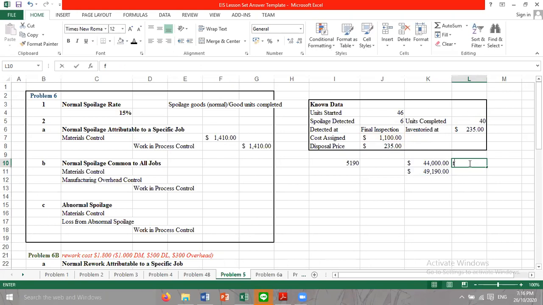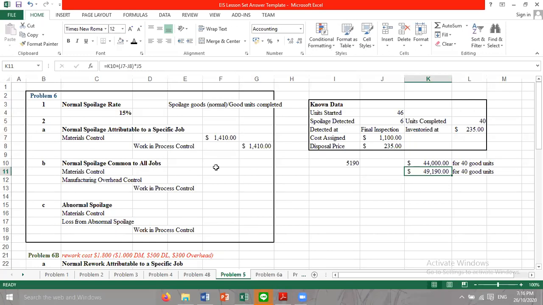So for these 40 good units, as you can see, we allocate more costs into the 40 good units due to the normal spoilage. So this is the difference. Okay. That's for attributable to a specific job.